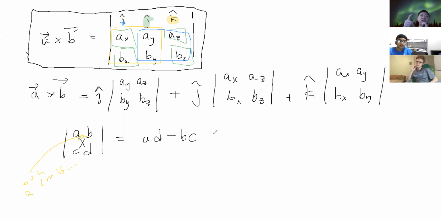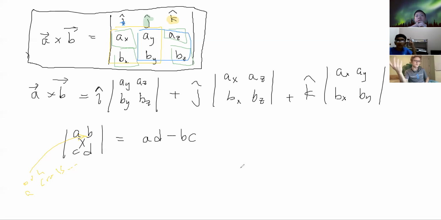Equivalent to the vector with a magnitude of AB sine theta and the direction being. I think your second term in that cross product is wrong. Shouldn't it be AZ, AX? I think it should be AX, AZ. Or am I crazy?